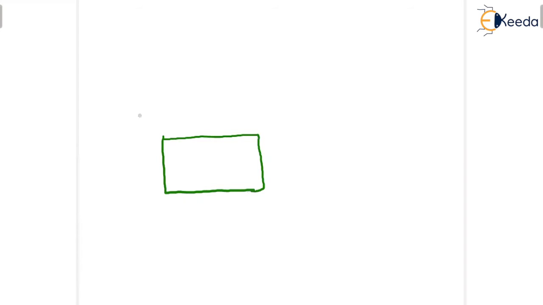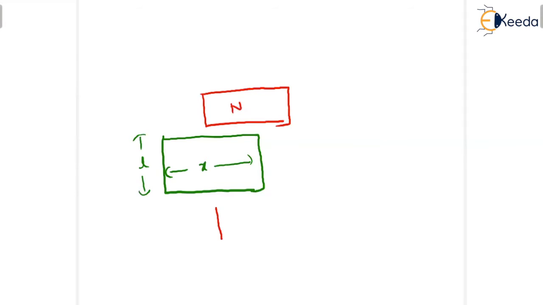In this loop of wire, l is the width of the loop, and x is the distance over which it is moving. It is present in between the fields, with the north side on one end, and I am going to keep the south side on the other.